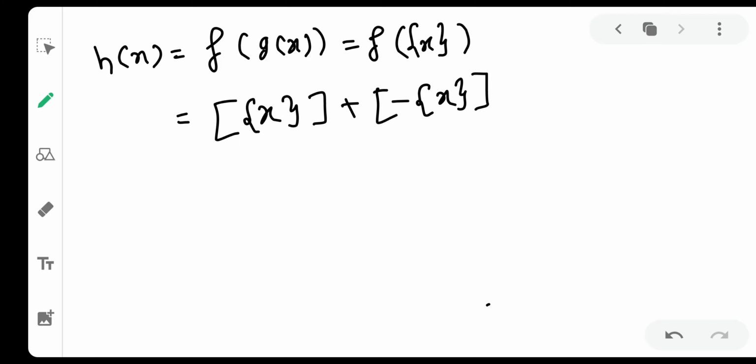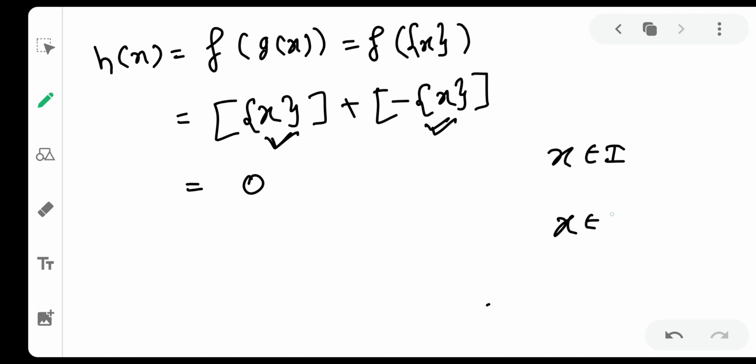How will we simplify that? It is pretty simple. When x is an integer, then this will be 0 and this will also be 0, because the fractional part of an integer is 0, and the greatest integer of 0 will be 0 and negative won't matter to 0.